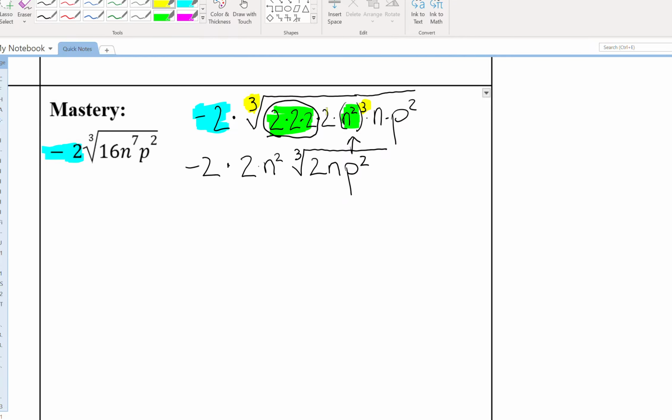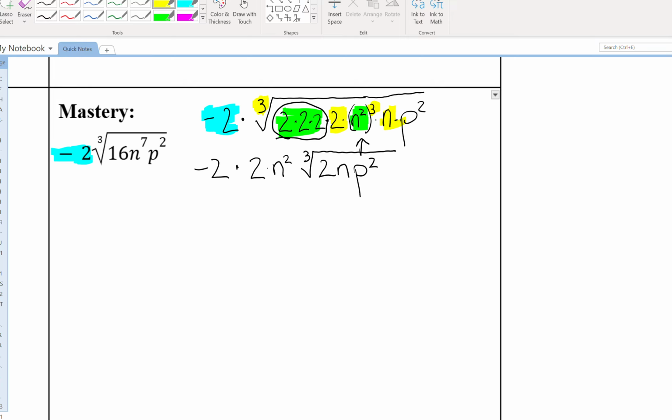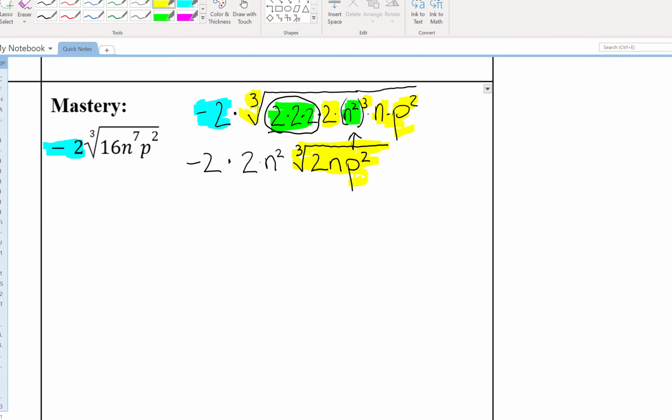This 2 and this n and this p squared are all still there because there's only one of the 2's left. There was only one n left, and the p squared, there weren't 3 of them, so they couldn't come out. So those all stay under this radical.